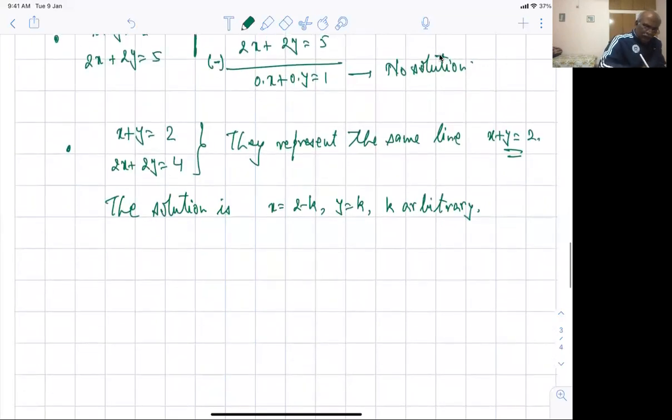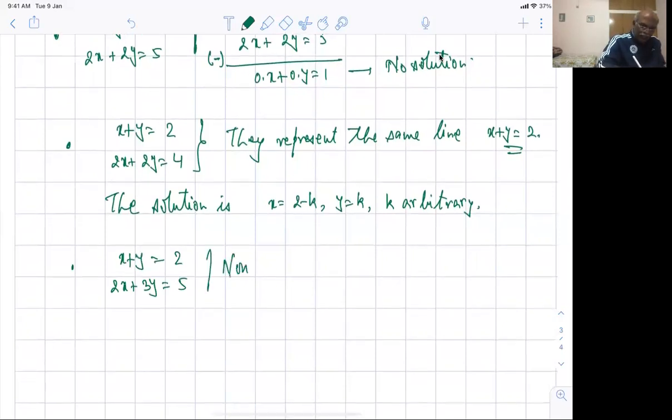We'll look at things in a slightly different way afterwards, but this is what I have. Fine. Another, I can take as x plus y is 2 and 2x plus 3y is equal to 5. Two different equations. They are non-parallel lines. And therefore you can check that x is equal to 1, y is equal to 1 is the unique solution.